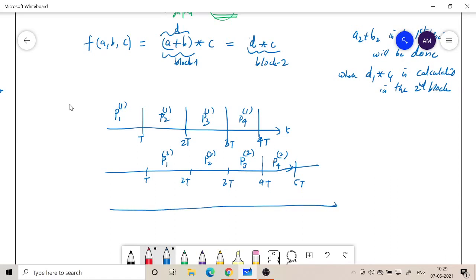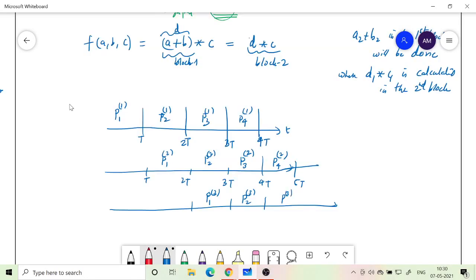Then I can have my P1 on the third input going on, and P2 on the third input here, and P3 on the third input here, and then P4, the final step, on the third input here. So this is 2T, 3T, 4T, 5T, etc.